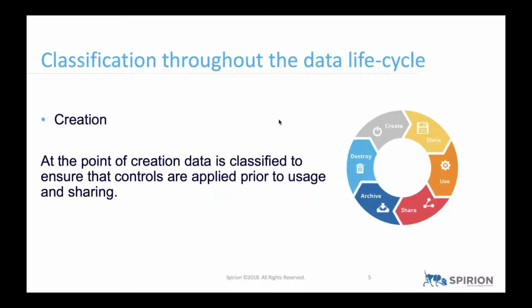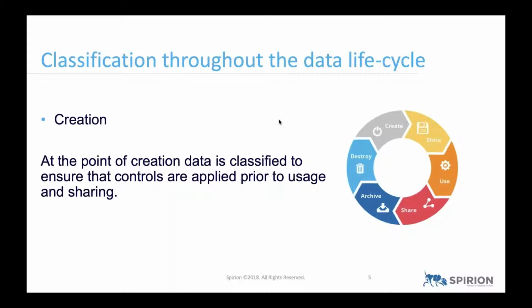So, talked about creation a little bit there. So let's talk about where classification plays a role there. So at that point of creation, we want that data to be classified to ensure that all of the appropriate controls are then applied to it. Those controls can be a number of things. So in our last workshop, we talked about how we can use our integration with AIP, MIP to apply DLP controls, to apply IRM, DRM controls.